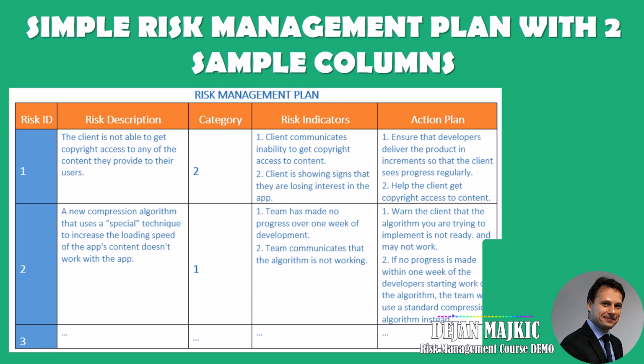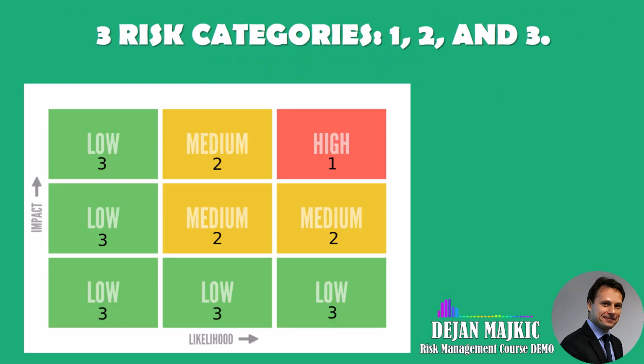Now, if you remember from the previous lecture, when we talked about the impact versus likelihood metrics, we identified three risk categories, simply called 1, 2, and 3. Risks placed in category 1 are considered risks that should be addressed as soon as possible. They represent the most danger to your project, and these risks are placed in your project plan and the associated action is usually immediate.